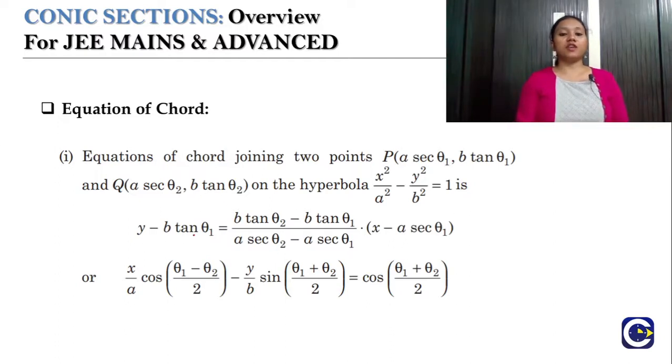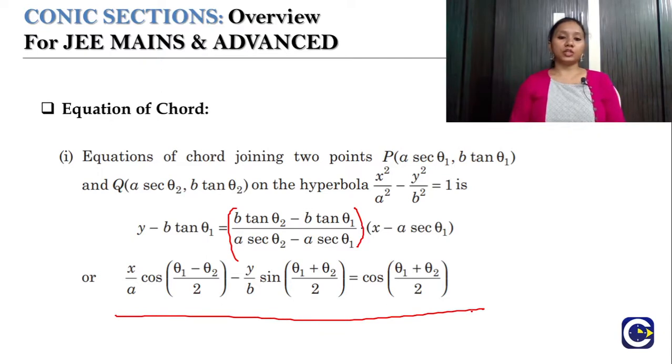Here you can see y minus b tan theta 1, and this is the slope, into x minus a secant theta 1. That will give you the equation of the chord. If you simplify it further, you can get this expression for the equation of the chord. I am not going to derive the entire thing here. If you want to see the derivation, you can go back to my full-fledged session on this topic, hyperbola.